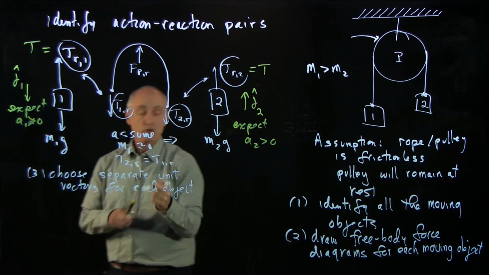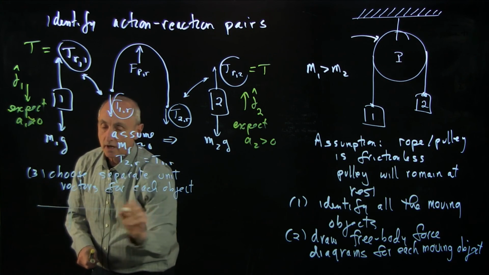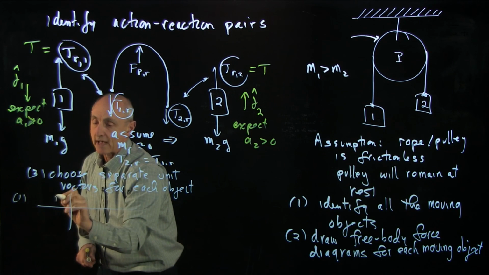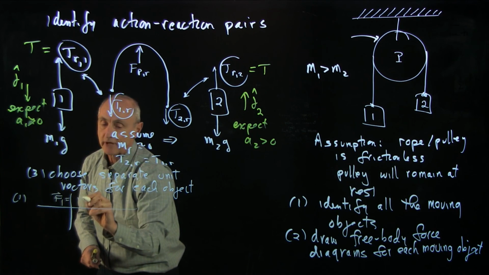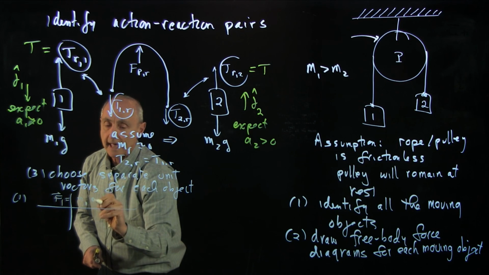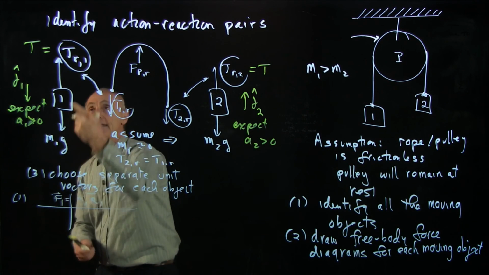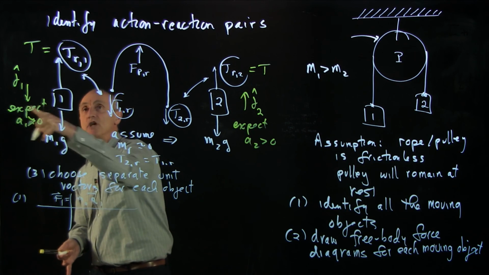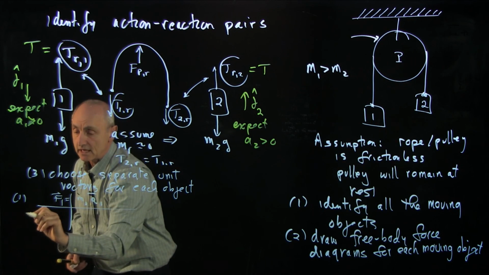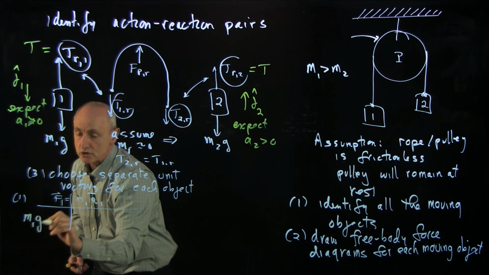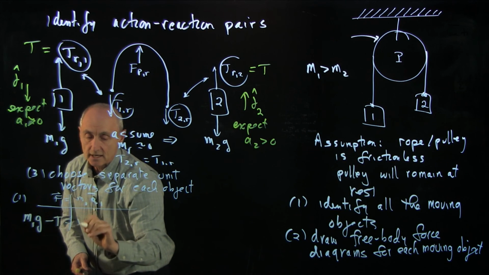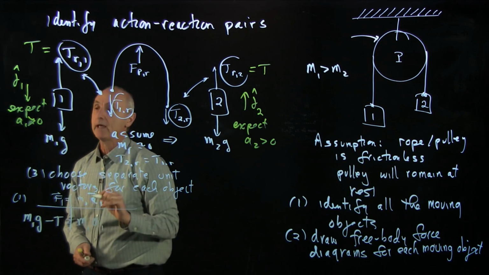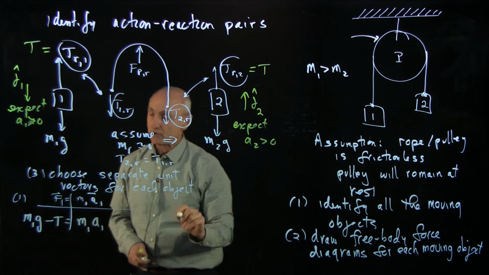Now I can write Newton's second law on m1. So I have F1 equals m1a1. And now I analyze my forces. m1g is in the positive j hat direction. T is in the negative j hat direction. So I have m1g minus T equals m1a1, which I'm expecting to be positive.